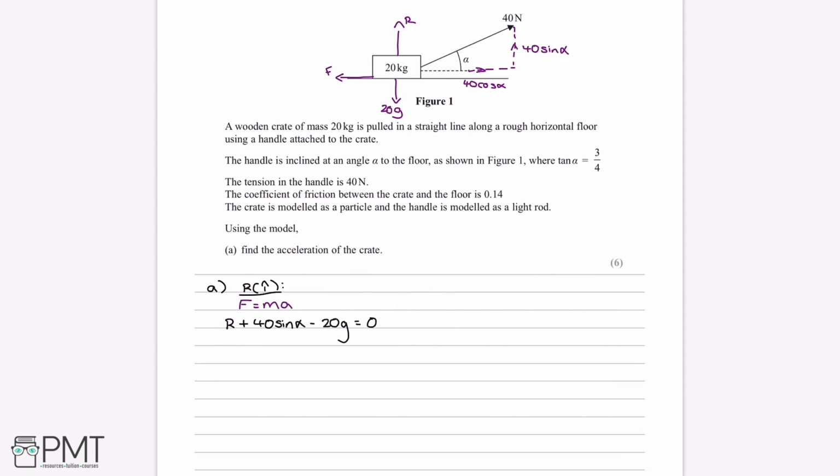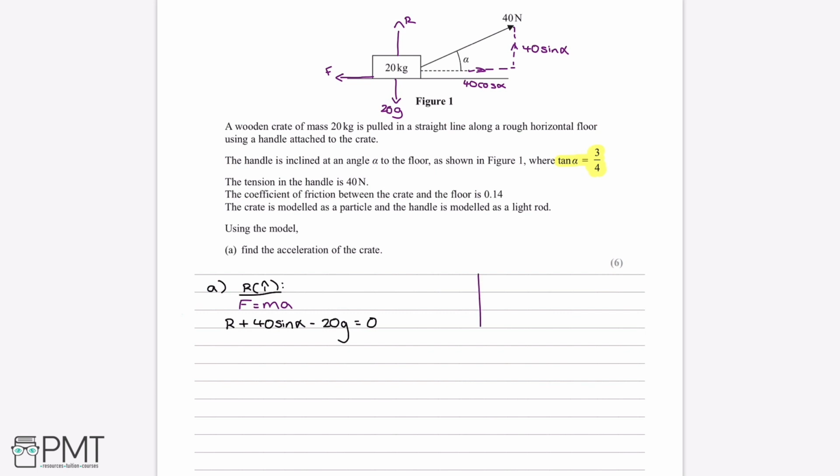And so we can see that now, in our equation resolving upwards, we have two unknowns because we have an R, but we also have an alpha, and we need to find what one of these is before we can solve the equation. Now, in the question, we were told that tan alpha is equal to 3 over 4. And what that means is we can draw a right angle triangle to represent this.